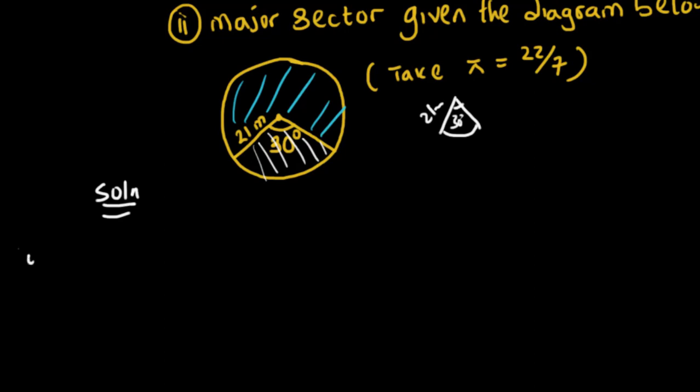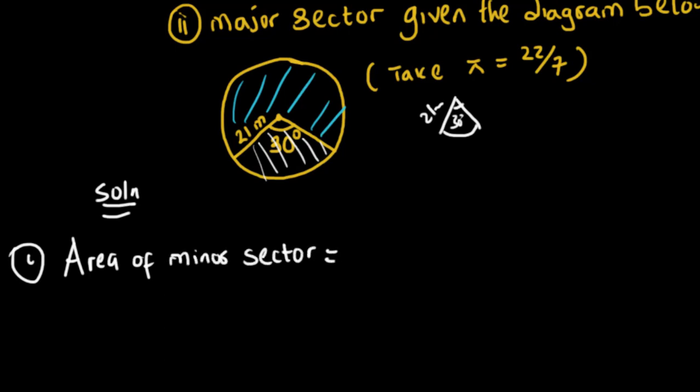So we have (i), area of minor sector. Can you remember the formula for area of a sector? Remember, it's just a fraction of the area of a circle. So we have theta over 360 times the area of a circle, which is pi r squared. Now, what were we given? We know theta equals 30 degrees.